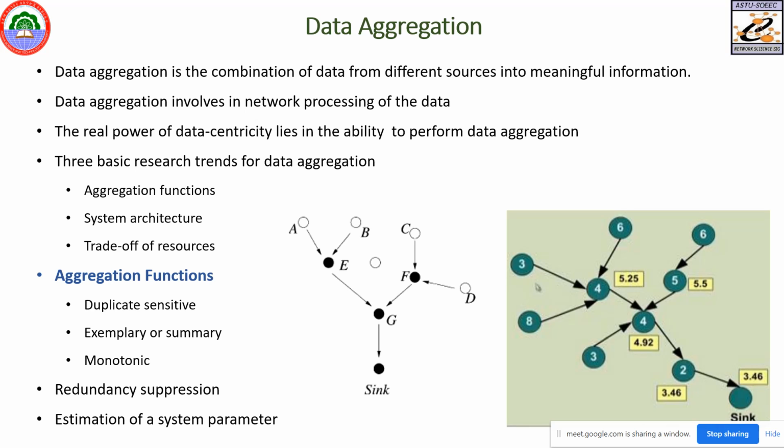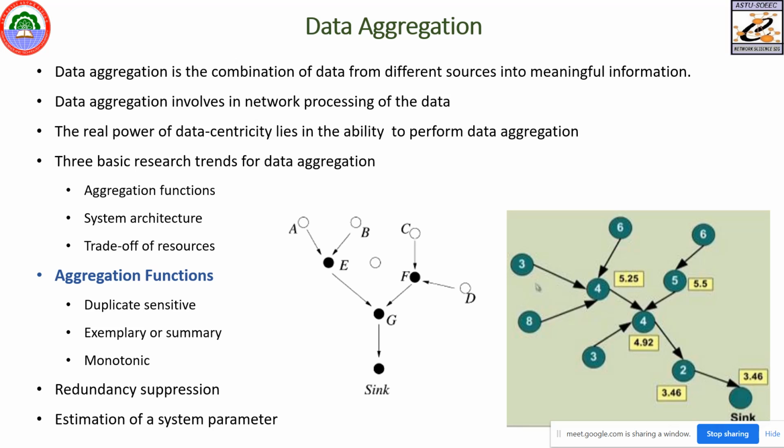There are different approaches for combining the data, various aggregation methodologies. Based on the type of data, some data it is possible to aggregate, but for some data it is not possible. Let us assume one example.